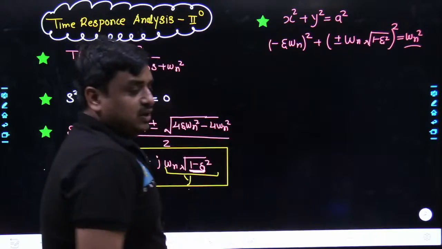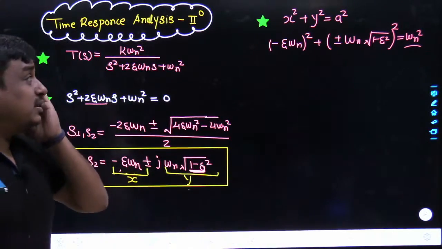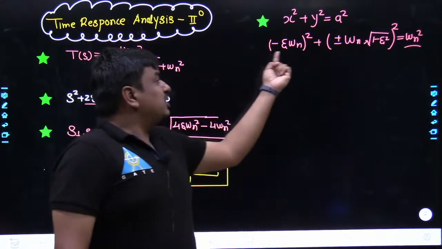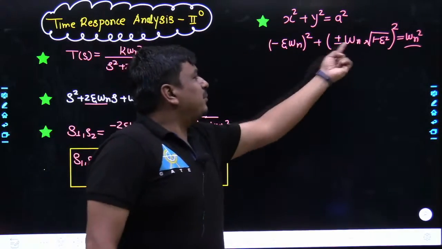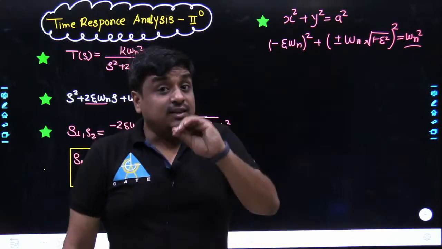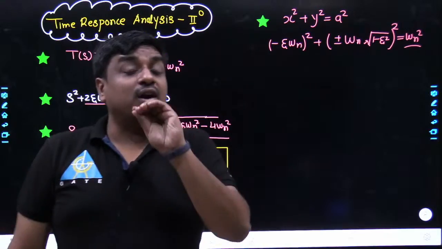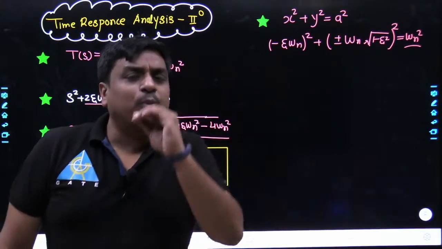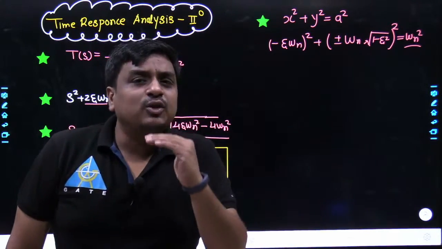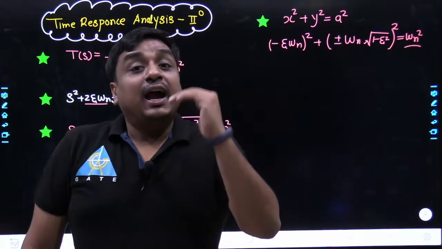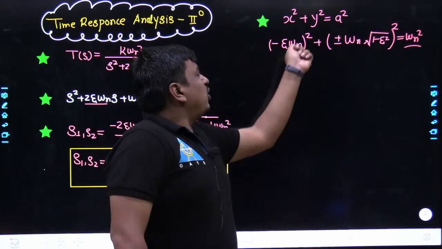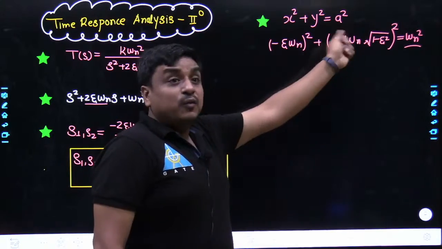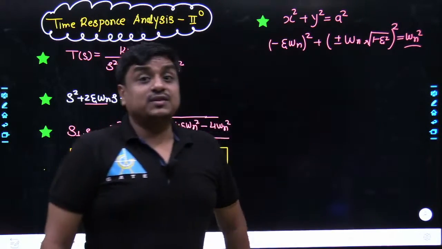What does that mean? That means although the zeta might be changing its values, like the zeta could be 0, which is the case of undamped, similarly the zeta could be 0.1, 0.2, where the system is becoming more and more damped, and even when the zeta becomes 1, the square of the x component and the square of the y component is always a constant quantity.